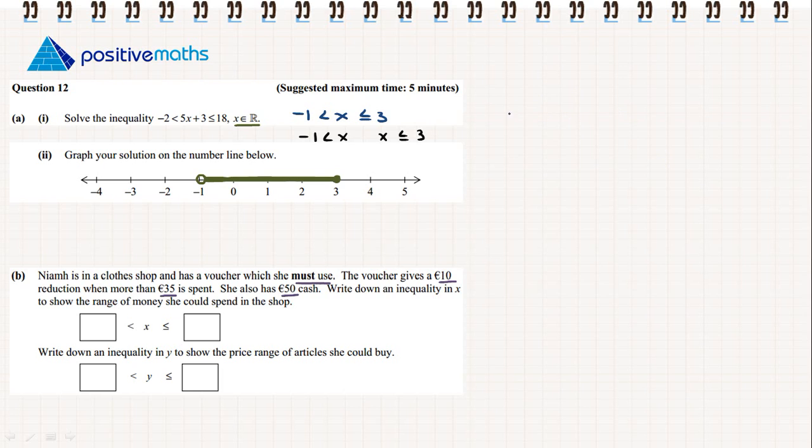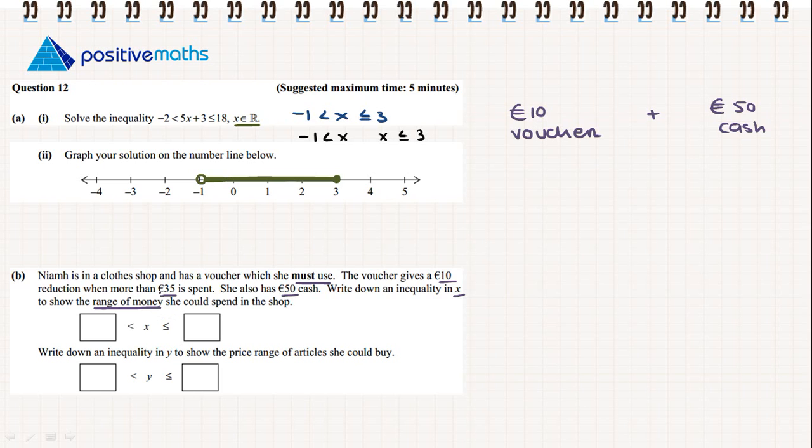So let's just make a note of the important information. She has a €10 voucher and she has €50 in cash. So the first one, an inequality in x which shows the range of money she could spend. So she has to spend her voucher.